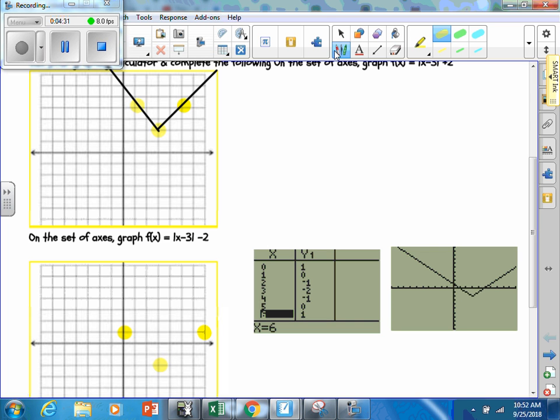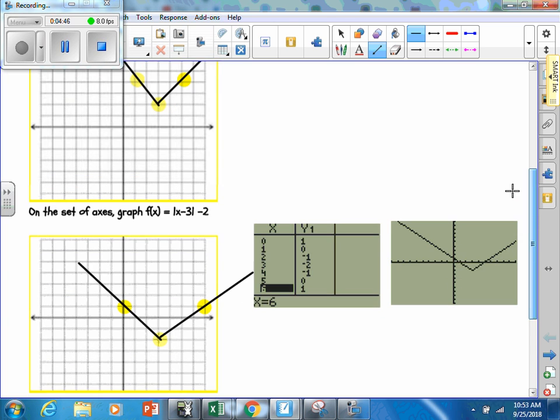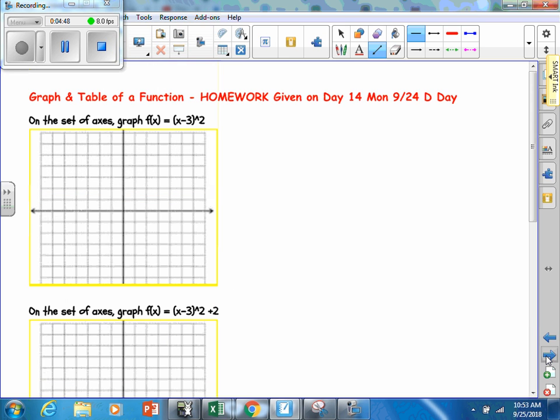All right, connect my 2 points. There's a line here. There's a line there. Okay, let's move on. Go to the next question. So the next question is, we're no longer doing absolute value, we're doing a square.